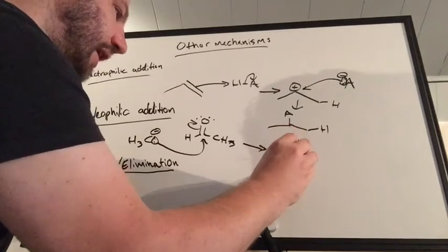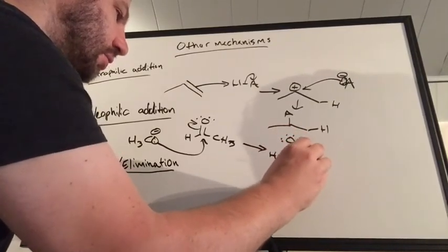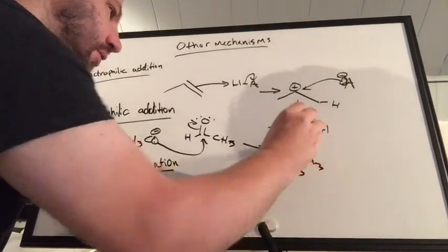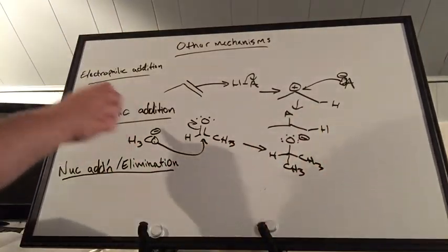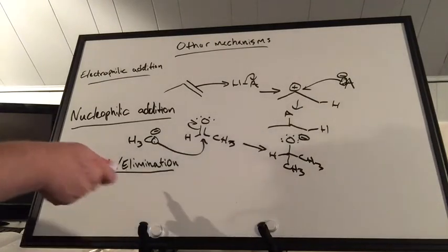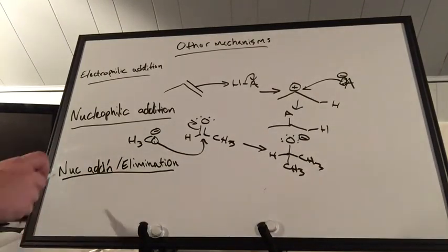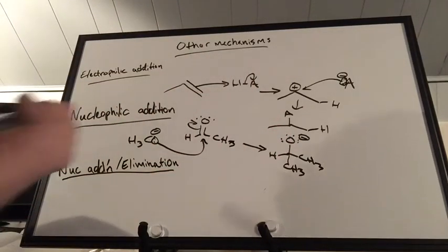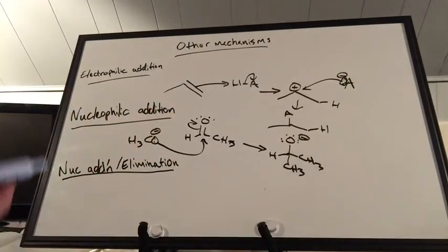So we'll have that hydrogen there, CH3 here, CH3 here. So that is a nucleophilic addition. And then the third, which you'll encounter next semester, is going to be a nucleophilic addition/elimination. So you're going to have this tetrahedral complex, but you're also going to have some leaving group.